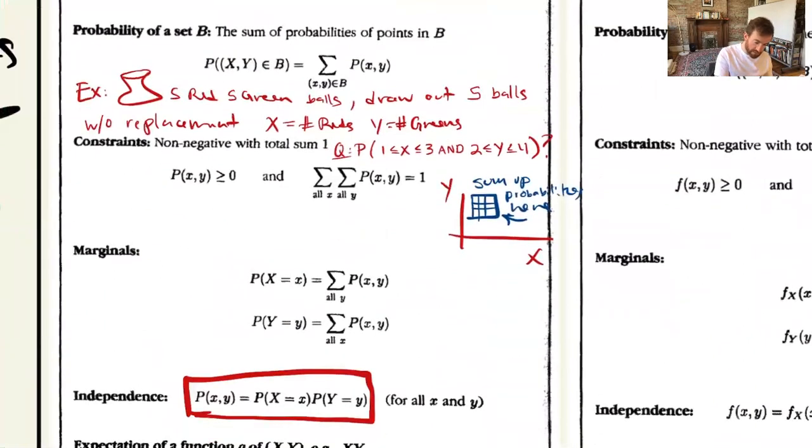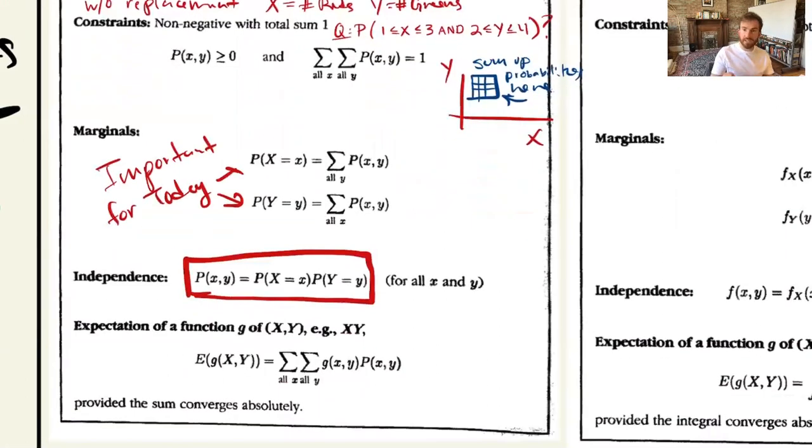But all the usual axioms still have to hold. Probability has to be greater than or equal to 0. The sum of all the probabilities equals 1. And then the important topic for today is marginalization, which just says if I sum along all the possible values for y, I'll obtain the probability distribution for x.